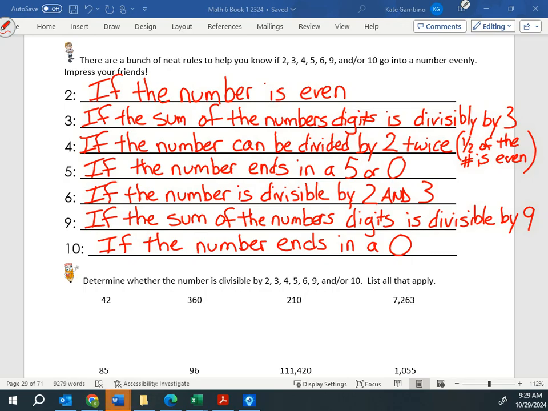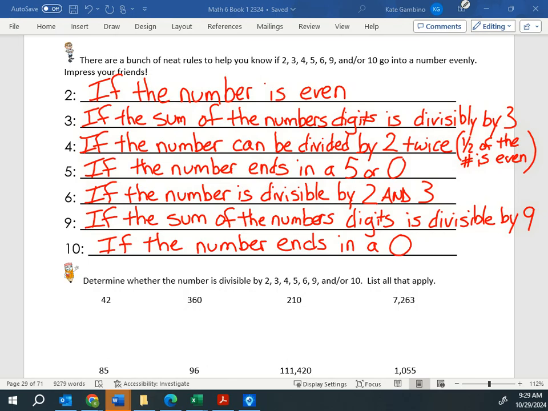So you need to have all of these rules written down. You will want to be putting this on a help sheet because it will help you on the test. Okay? We want to learn these rules. It will help us as we go through math.